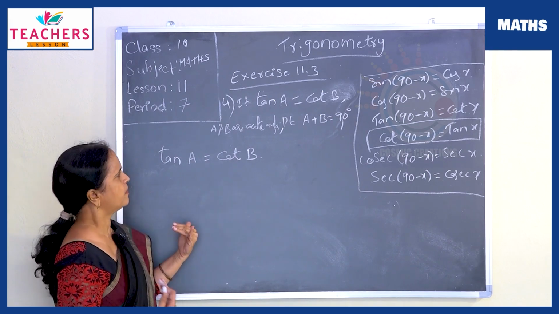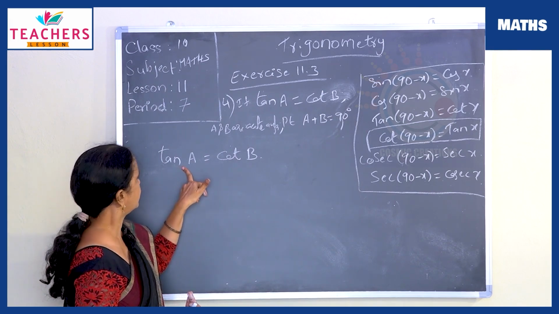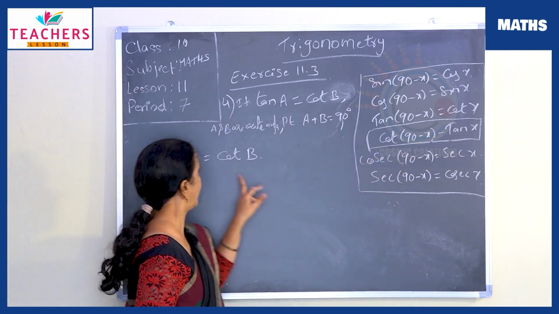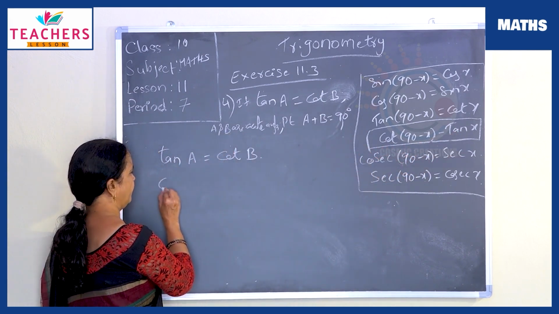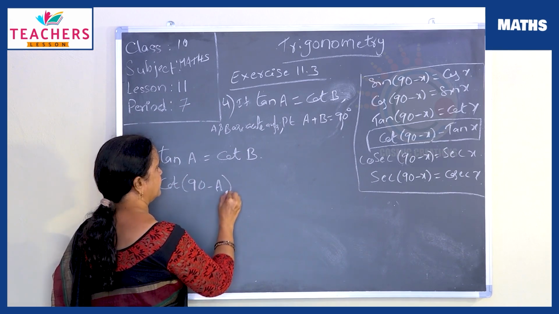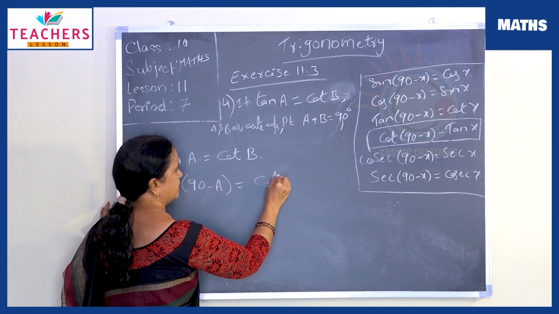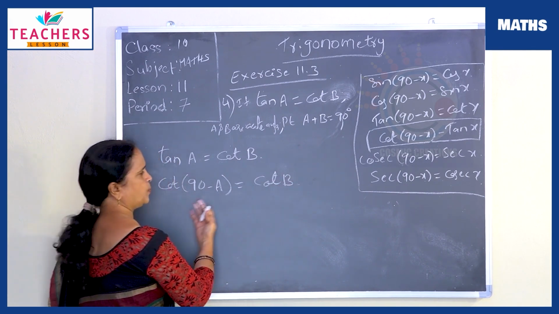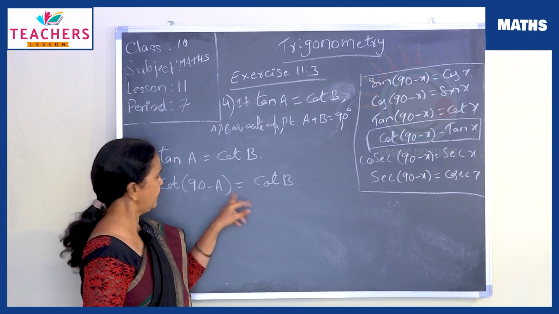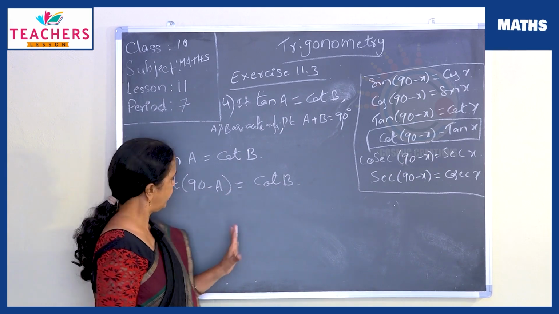In the same way as done before, tan A in terms of cot. How to write? Cot of 90 minus A is equal to cot B. Both sides cot are there and the angles are equal.